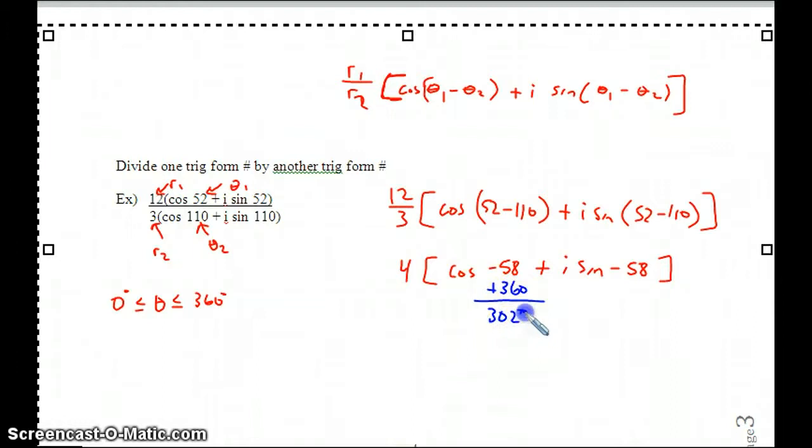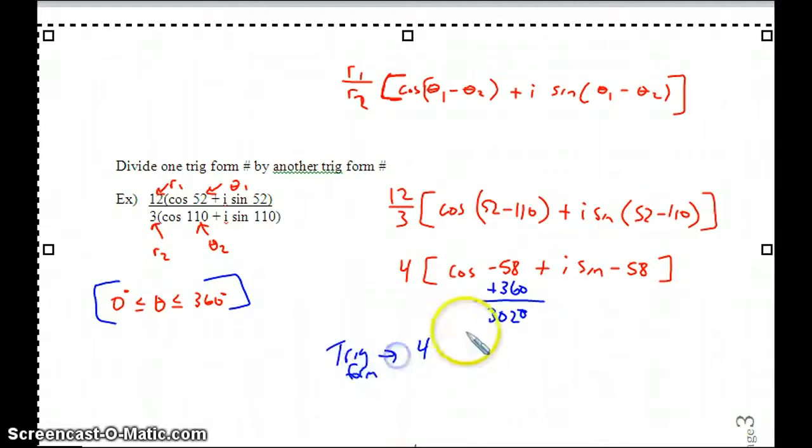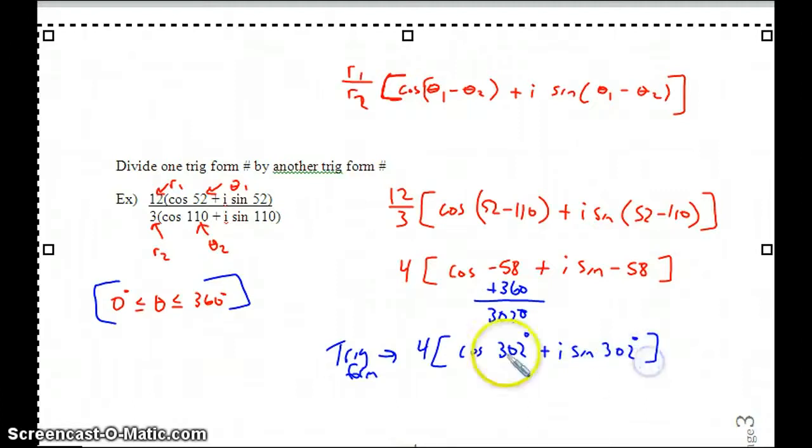So if I'm going to leave my answer in trigonometric form, theta has to be between 0 and 360 degrees. So my answer in trigonometric form would be 4 times the cosine of 302 degrees plus I times the sine of 302 degrees. That would be trigonometric form.